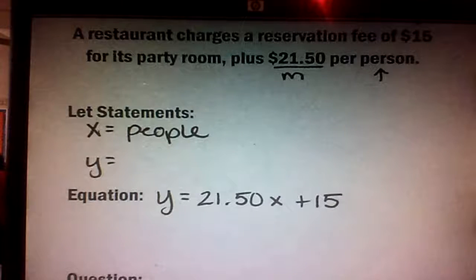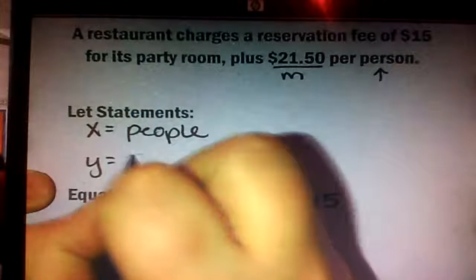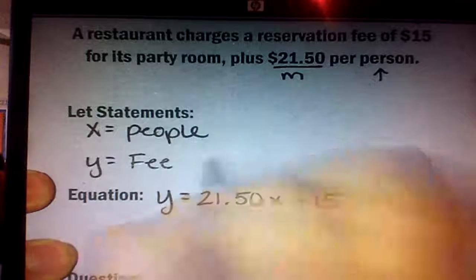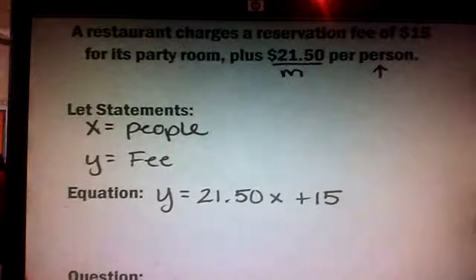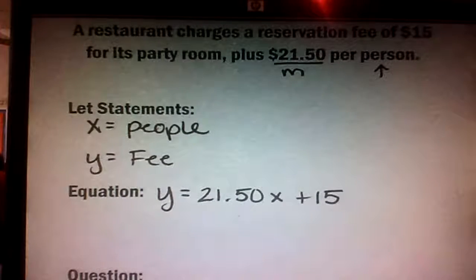How much money are you paying? Okay, so this is your fee. That's what they mean when they say let statements. They want to know what does each variable represent. That way when I give you either a fee or the amount of people, you know where to put it. You need to know what variable to replace.